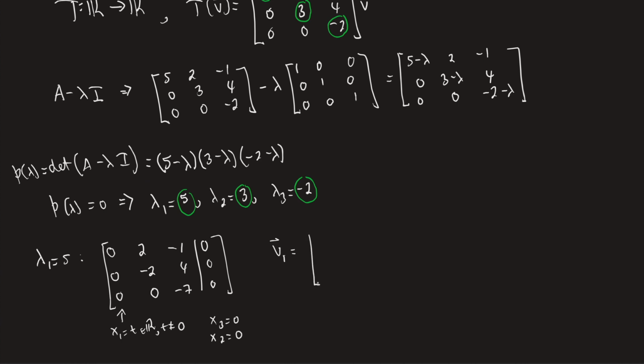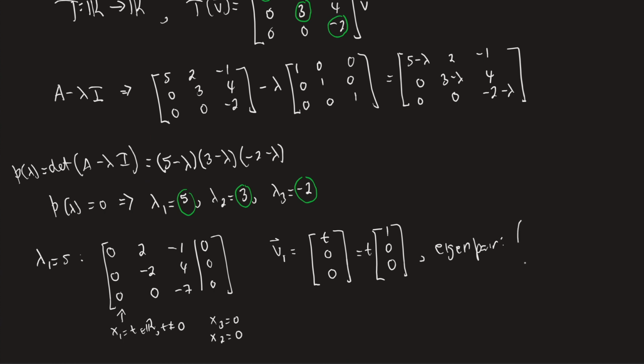The first component can be any real number except 0, but the other two components have to be equal to 0. And then of course, if we wanted to identify a basis for this eigenspace, we can just factor out that t, and then here is the eigenpair.